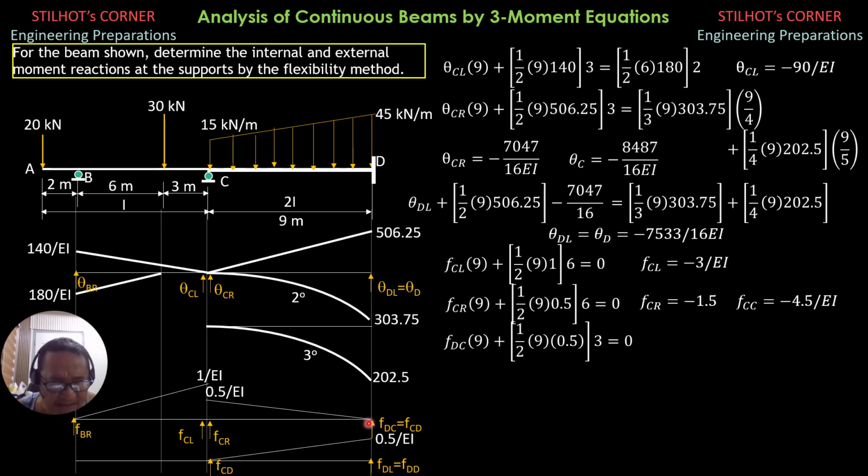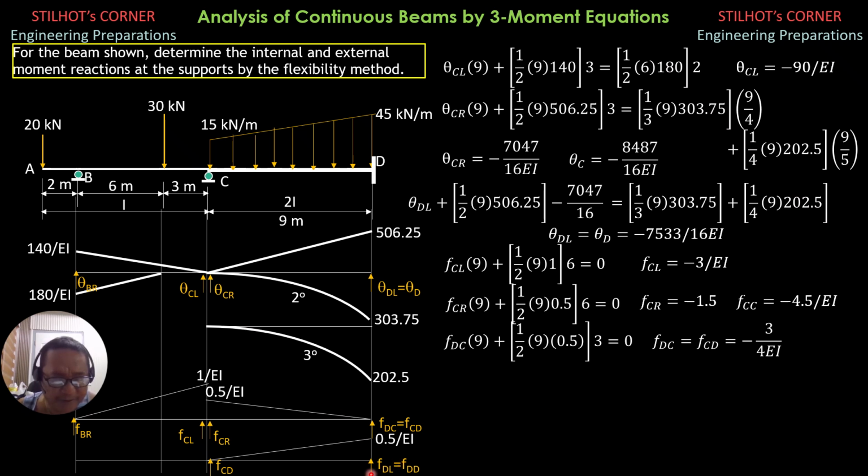Sorry, FDC. Let's solve for FDC first. So 1 half FDC times 9, considering this one, plus 1 half of 9 times 0.5 times moment arm 3 equals 0. So FDC, which is equal to FCD by Maxwell's law of reciprocal deflections, is negative 3/4.